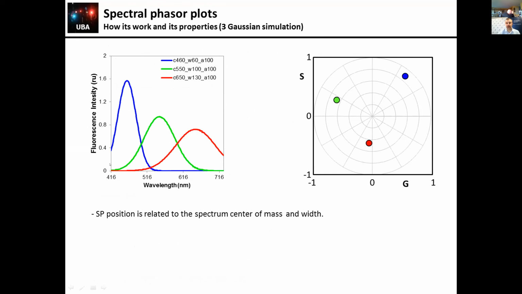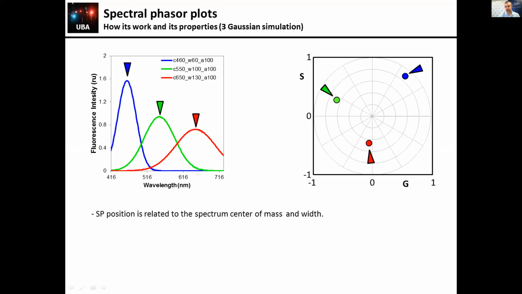So if we simulate Gaussian curves like this, with different widths and different maxima, and then we transform our data to the phasor, you may notice that we have points spread around our phasor plot. Well, the location, how far from the center, is related to the modulation.